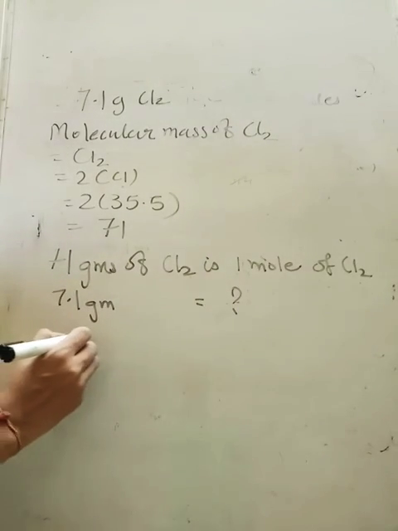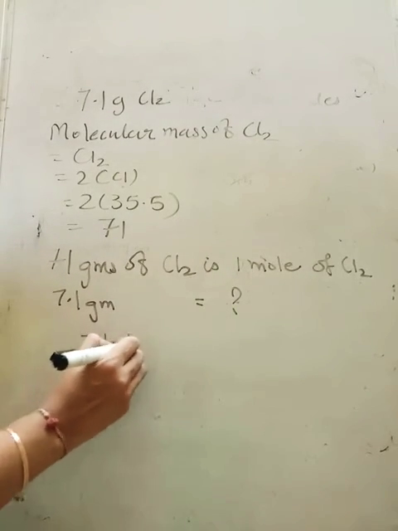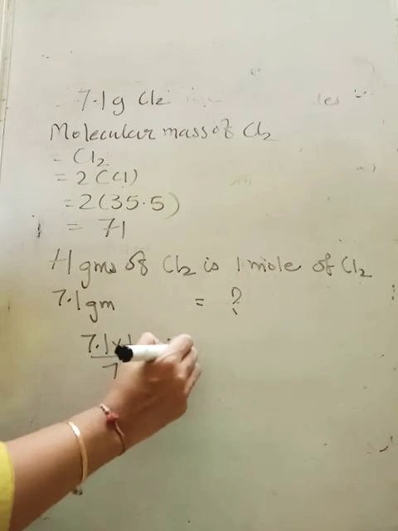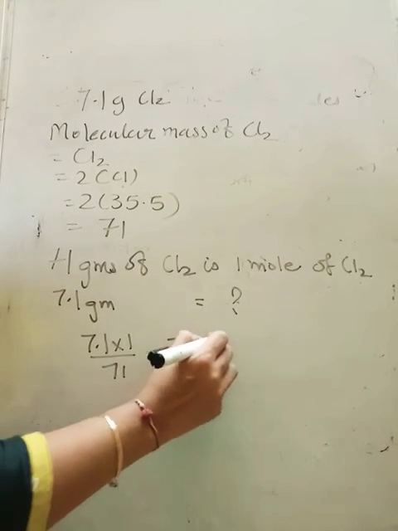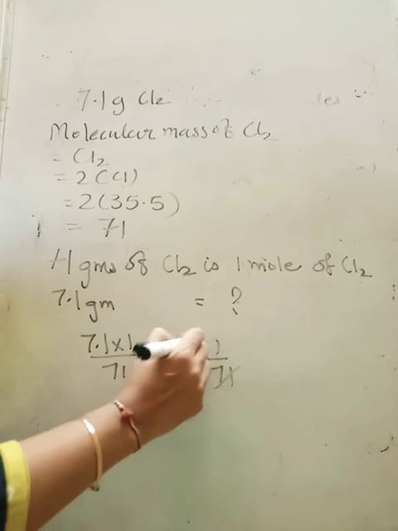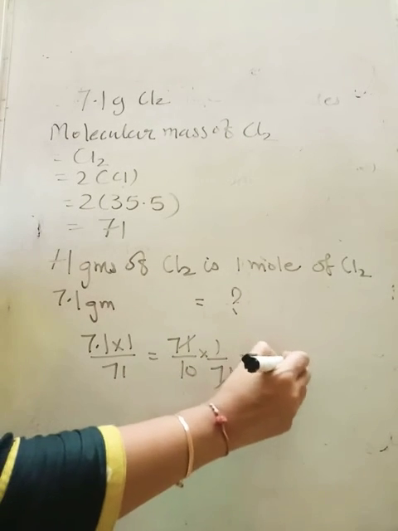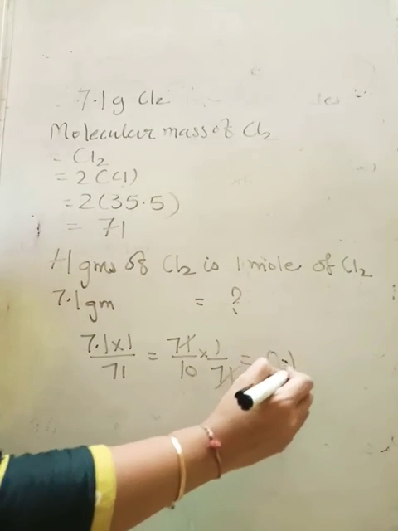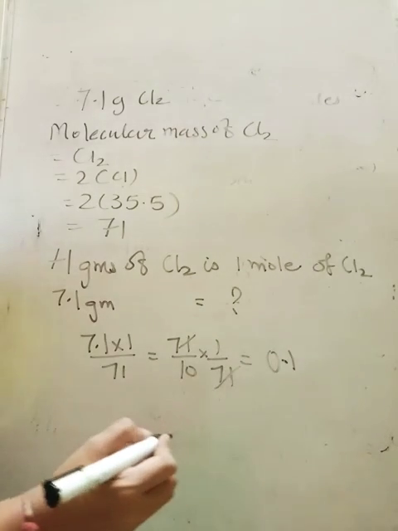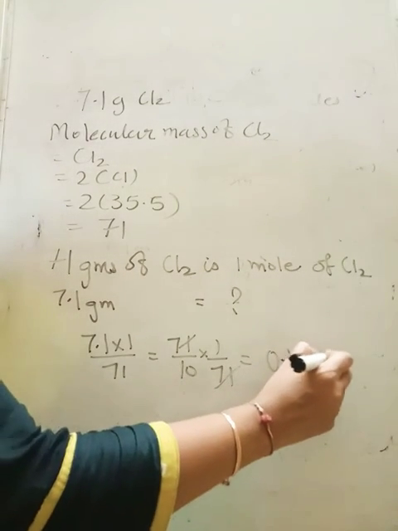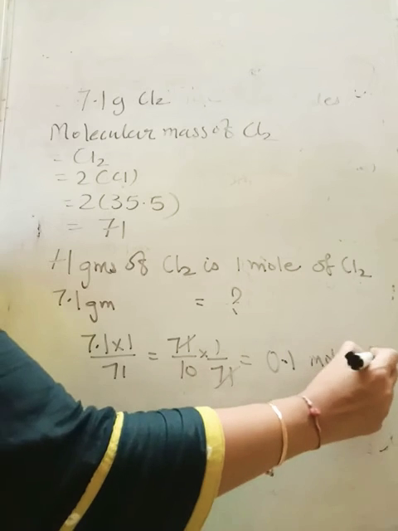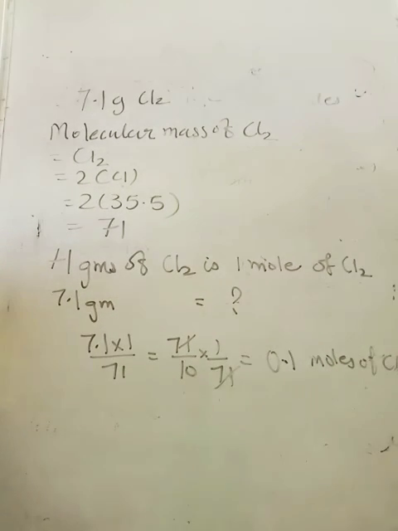So how will you do? 7.1 into 1 upon 71. So 71 will cancel, 1 upon 10. मतलब क्या? 0.1 moles of chlorine.